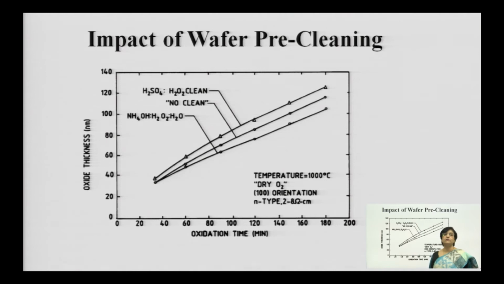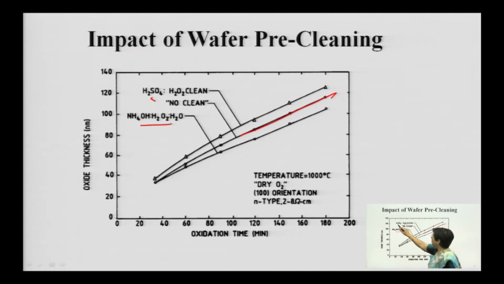Another impact is because of the cleaning. You already know that if the wafer is unclean, if it has impurities, it will have an impact on the growth of the oxide layer. Here also, it is practically studied that if the wafer is not properly cleaned, just see, this is the uncleaned wafer, and the rate is in between.